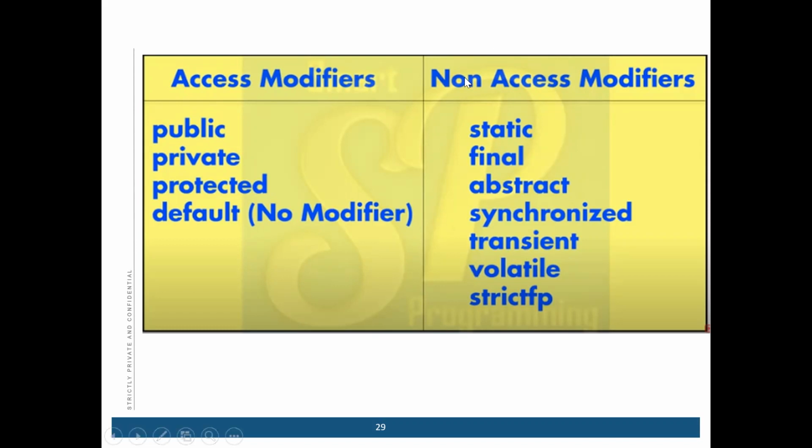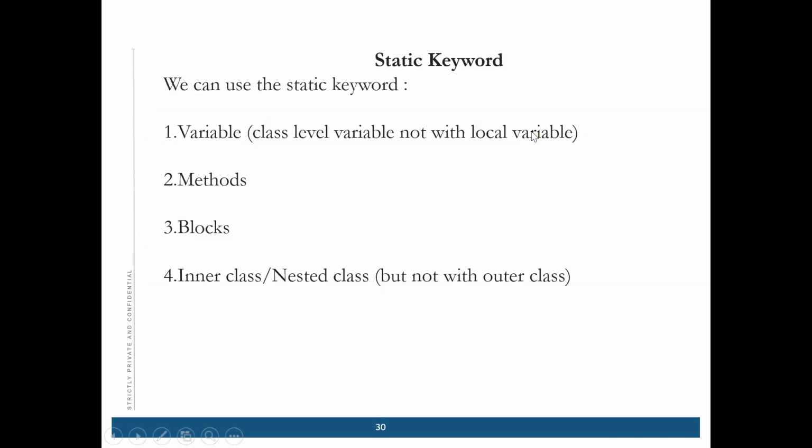So the static keyword can be used in a class-level variable, not the local variable, like an instance variable only. If you try to write it in a local variable, it won't be allowed. It will give you an error.